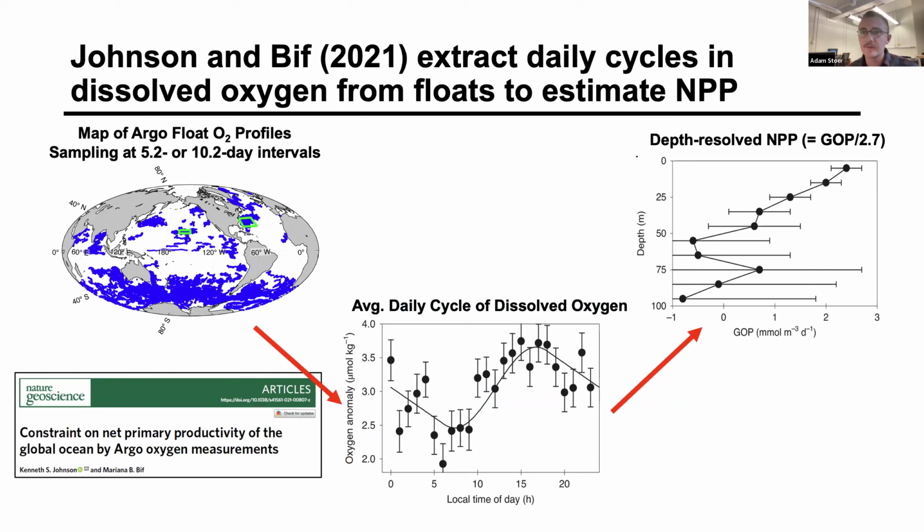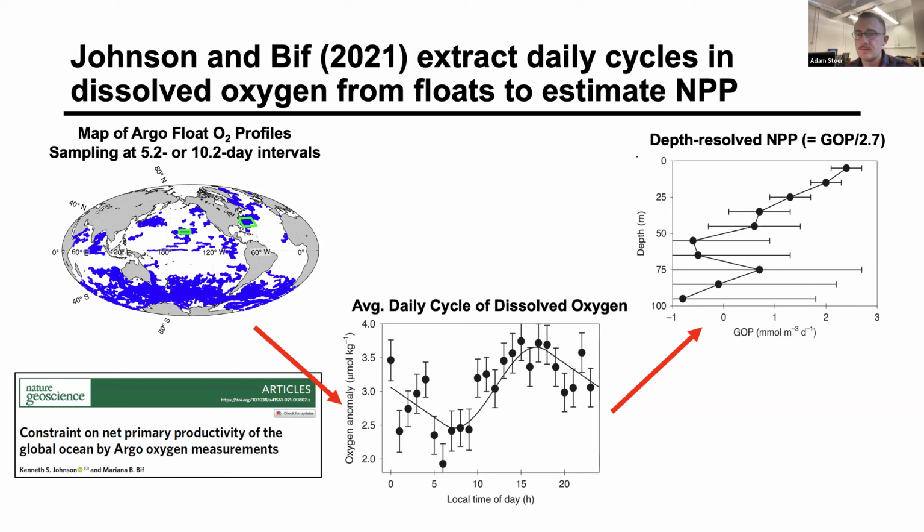But basically, they get an average daily cycle of dissolved oxygen, and based on the rate of change in oxygen throughout the day, you can infer how much gross oxygen production is going on. Then using an empirical ratio of gross oxygen production to net primary production, you can infer net primary productivity. In that paper, they estimate global net primary productivity at about, I think it was 52 petagrams per year.